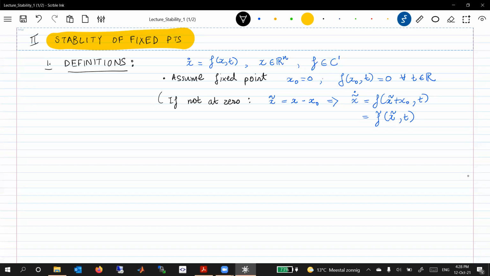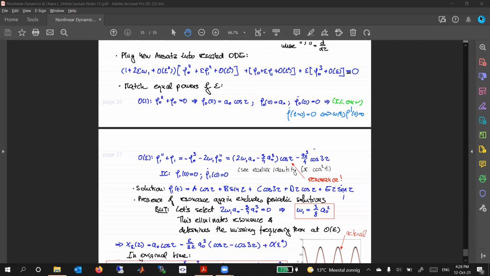And now you see that this new dynamical system in x tilde has a fixed point at the origin, right? If I substitute x tilde equal to 0, it means that f tilde of 0, t is nothing but f of x naught, t, which was 0 to begin with, right?